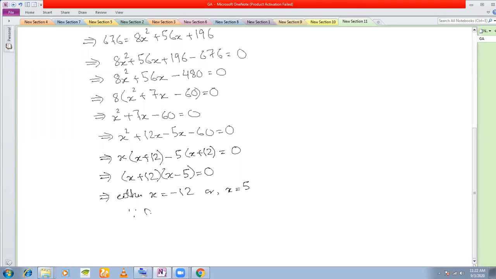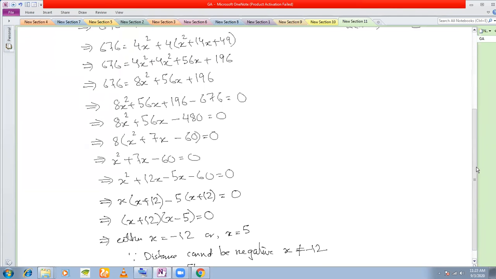Since distance cannot be negative, therefore x must be equal to 5 kilometers. Distance cannot be negative, so x is not equal to minus 12. So x must be equal to 5 kilometers. So how much distance are you saving?